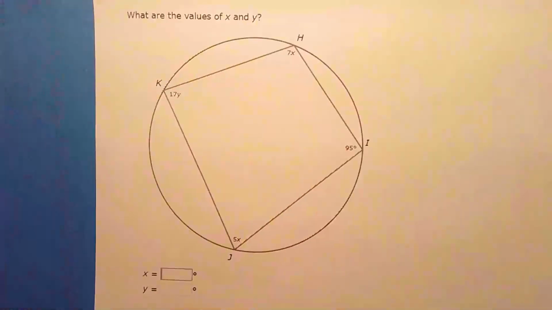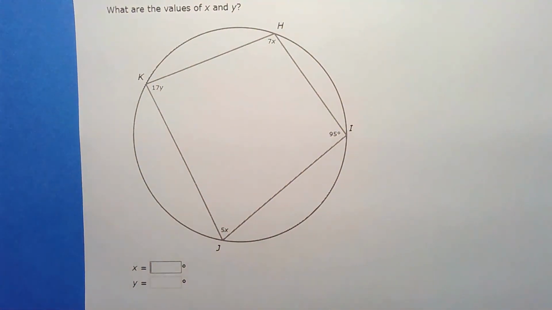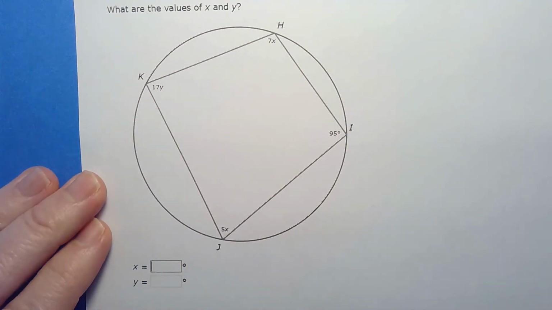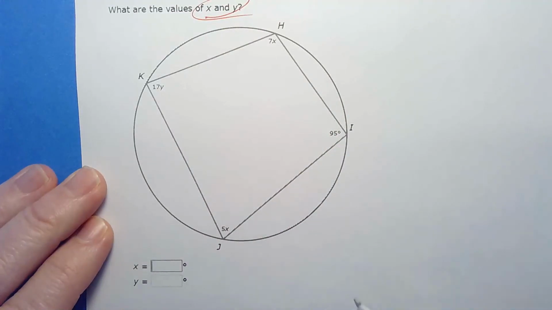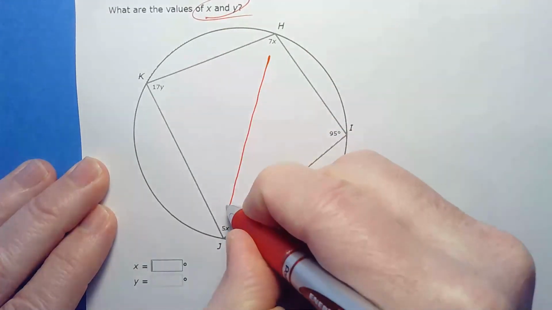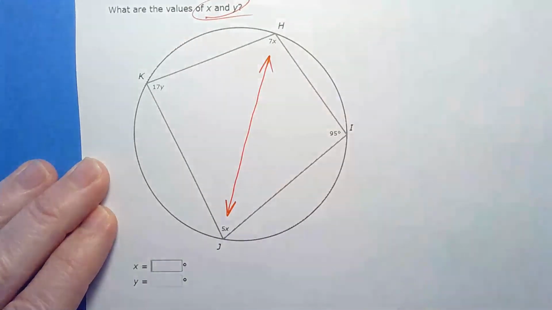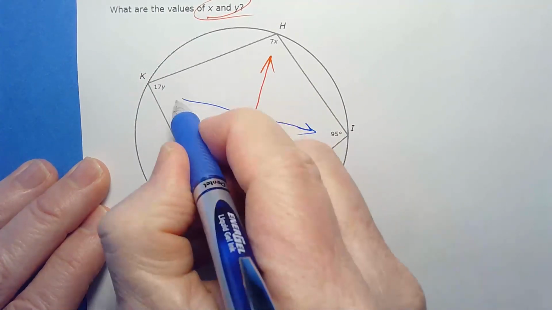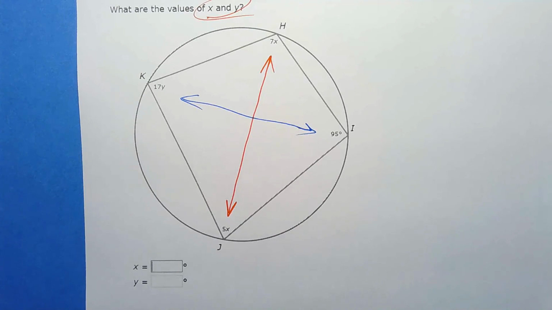Sometimes we're going to have a couple of angles. So in this case, there's a lot going on here. Now I've got two variables. I've got to get both x and y. Again, just set it up. These two angles go together because they're opposite, and then these two angles go together. So this is essentially two problems. The trick is you just have to make sure you keep them separate.